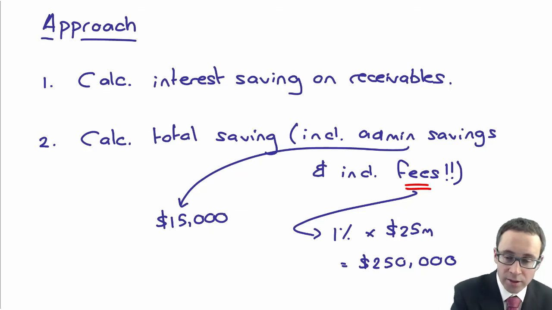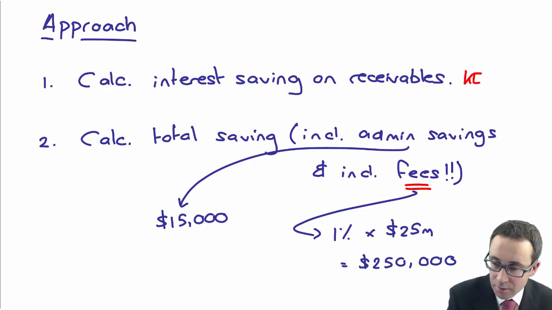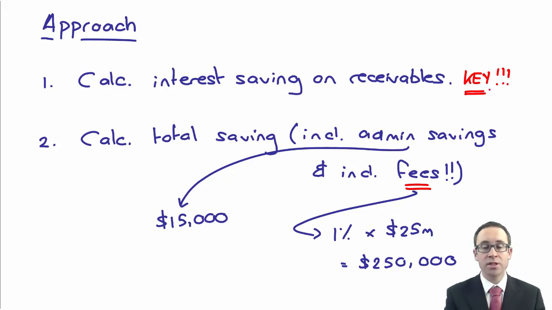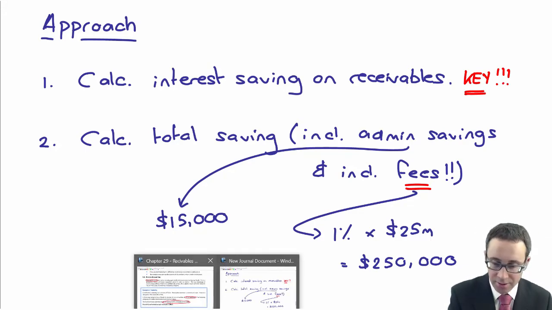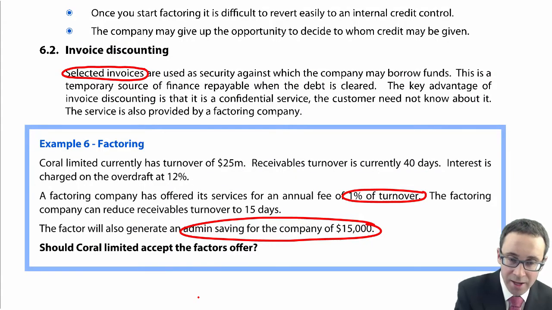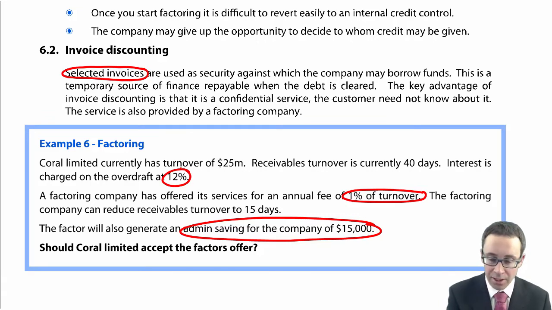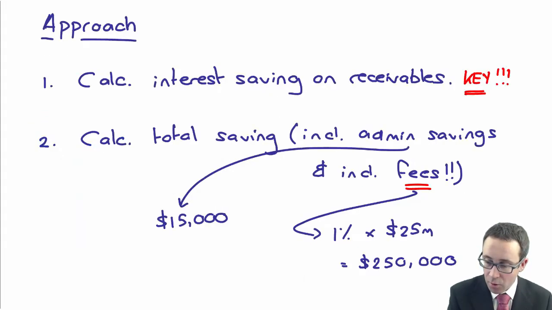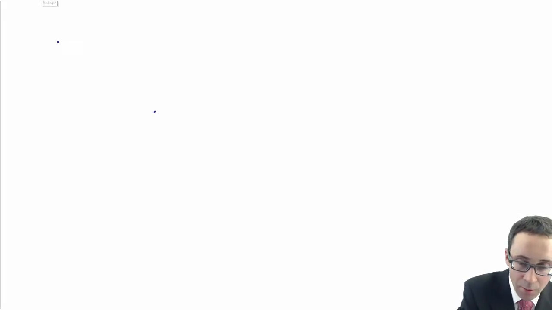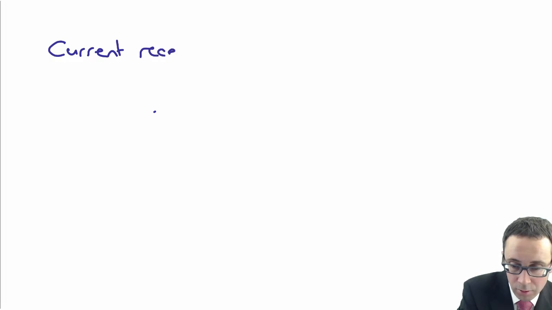The key is always going to be, isn't it, the interest on the receivables. And the interest that is going to be calculated is based upon the 12%, and what the change in our receivables levels are. So what we need to look at is our current level of receivables.